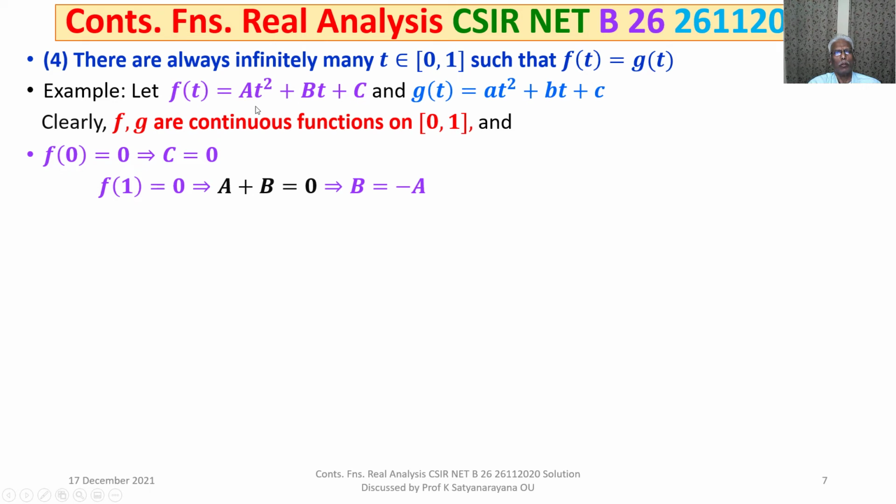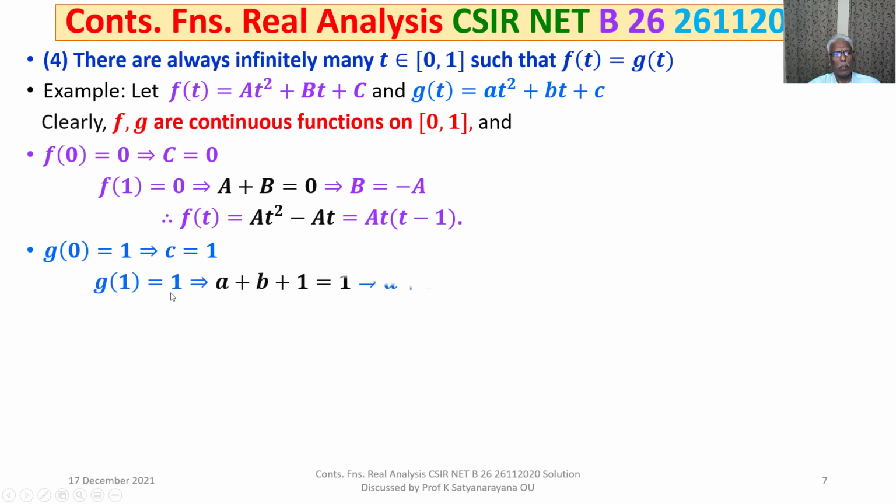F of 1 is 0 means a plus b plus c is 0, a plus b is 0, b is equal to minus a. Then f of t will be a t square minus a t, that is a into t into t minus 1. Now, g of 0 is equal to 1. So, 0 plus c, that is equal to 1, c is equal to 1.